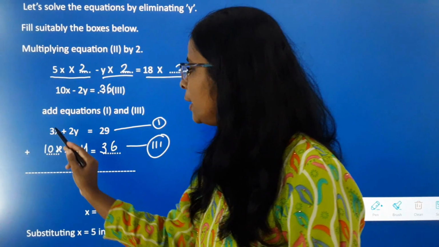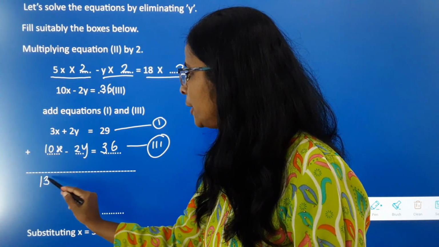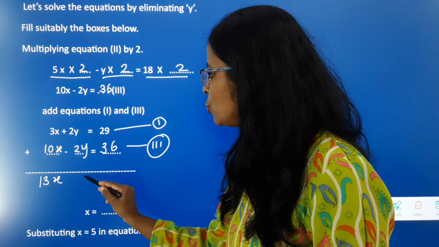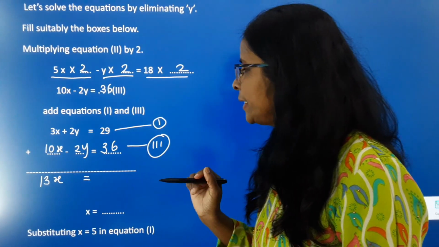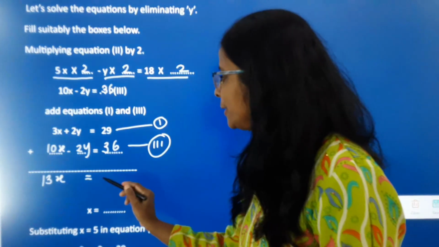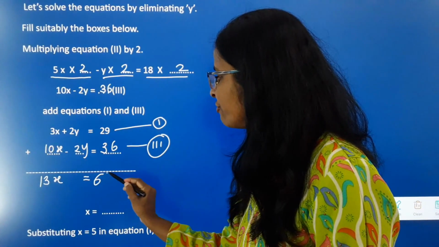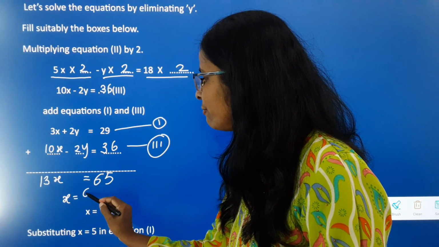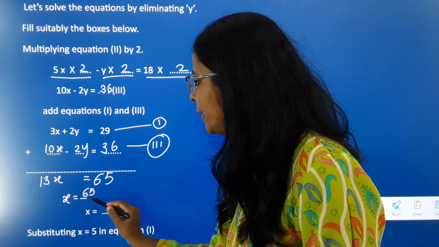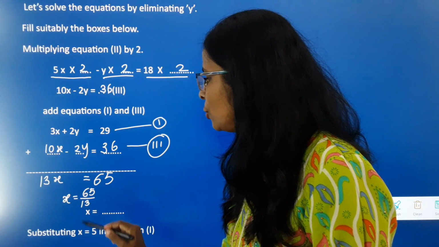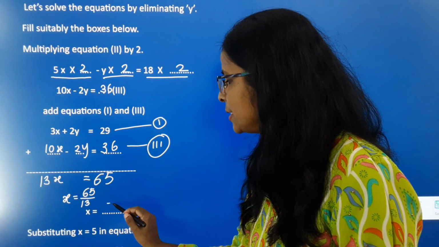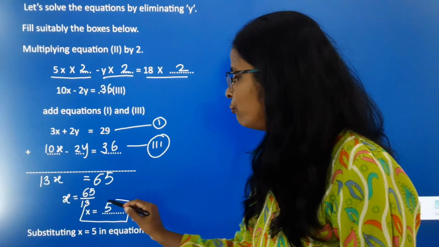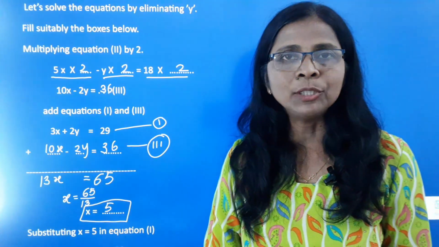We have 3 plus 10, 13x, plus 2y minus 2y, that will be equal to 0, and 29 plus 36, that means 65. So here x is equal to 65 divided by 13. So 13 ones are 13 and 13 fives are 65. So here x is equal to 5.